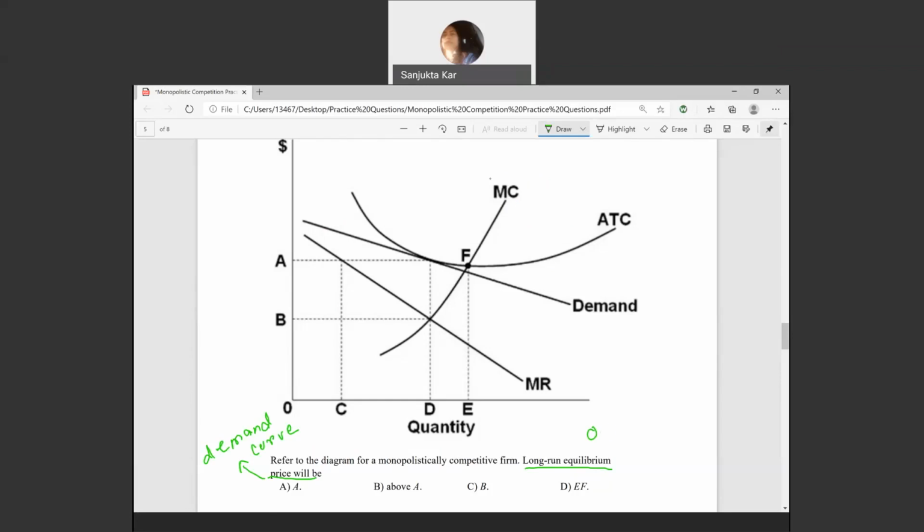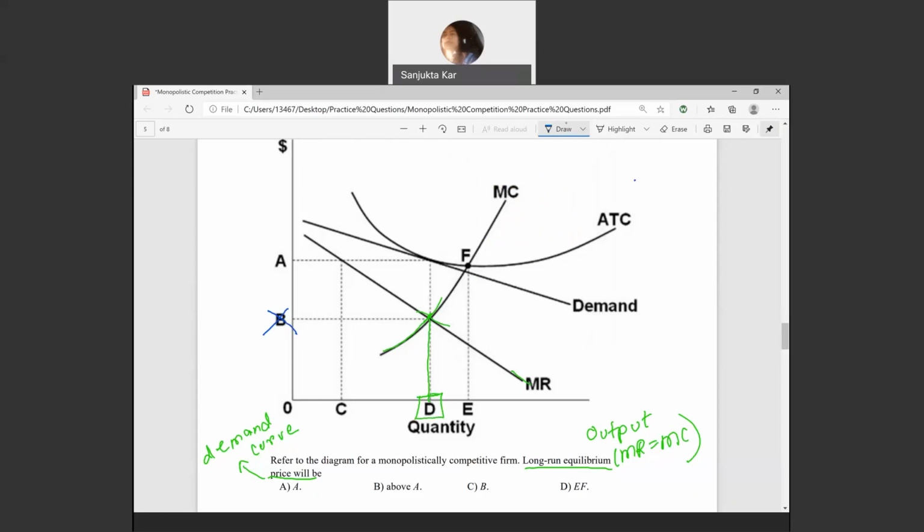First, we need to find out the output level, which we can find at the intersection of marginal revenue equal to marginal cost. This is my marginal revenue curve. The upward sloping line is my marginal cost curve. The equilibrium output is at the intersection of marginal revenue and marginal cost, which is D. Then, this is not the price.